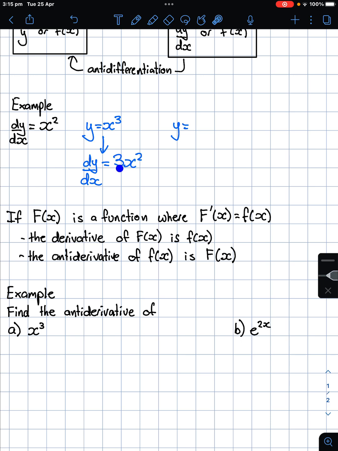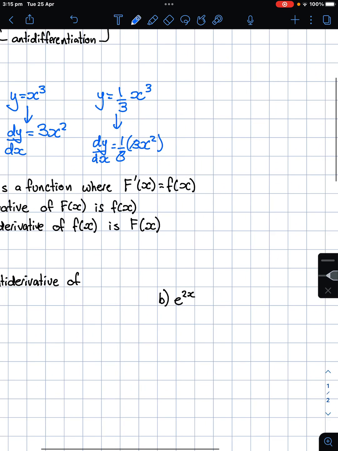So if I multiply the original function by a third, then the 3 and the third would cancel out. So if we go 1/3 x cubed, and then we take the derivative, dy/dx would equal 1/3 times 3x squared, they would cancel out, and it would equal x squared.